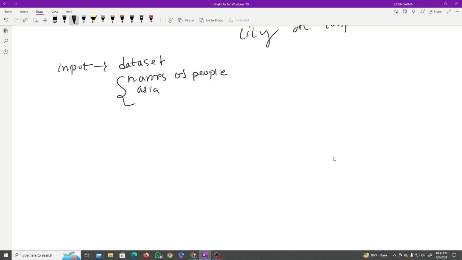Suppose my name, Rosa, I have A. So most girls have A in the last letter of their name. Now I have given a data set which is names of people in Asia, and I want to test if my model can guess correctly whether it is a male or female. I'm talking about gender classification using name.